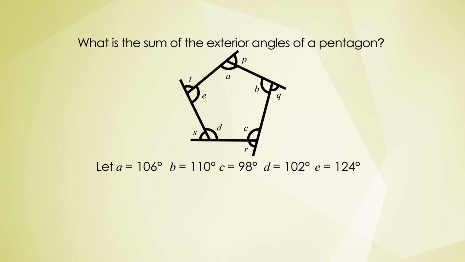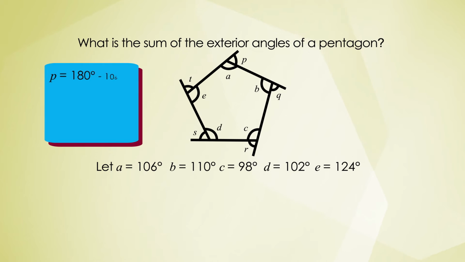Girls and boys, do you know how? Yes! Good job! Using the formula, interior angle plus exterior angle equals 180 degrees, we can calculate angles P, Q, R, S, and T.